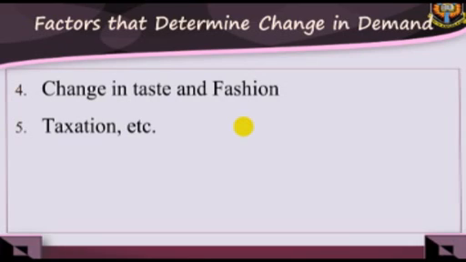5. Taxation. Taxes are imposed on people by the government in order to raise revenue. A tax is a periodical deduction from people's income that is made mandatory by government laws. An increase in taxes will reduce their income and make them have less to spend on consumption.